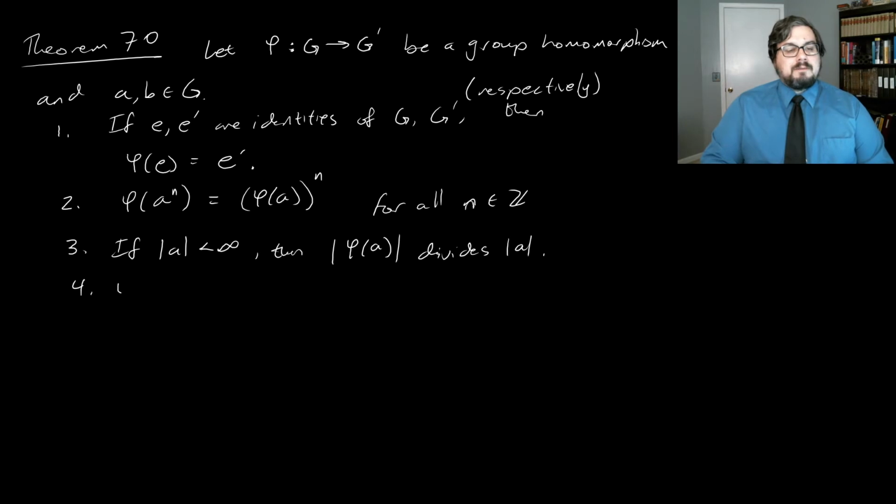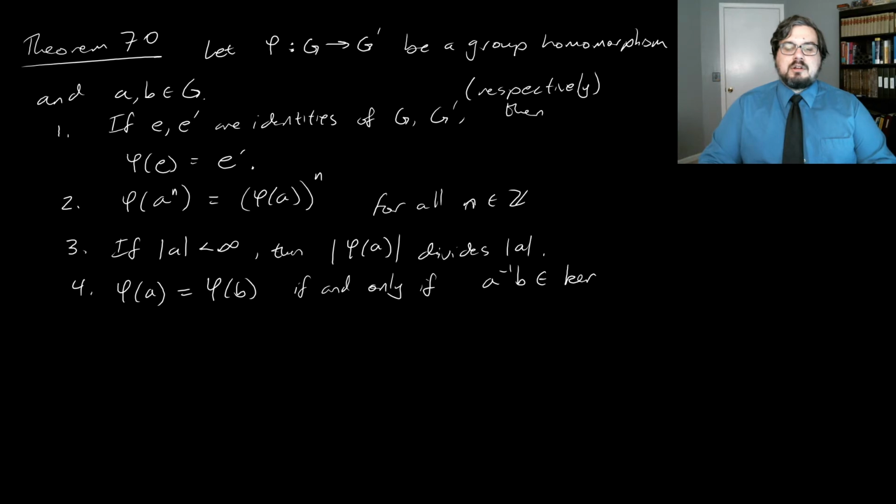And number four, and this is potentially the most important one that we've got in this whole theorem: phi of A equals phi of B if and only if A inverse B is in the kernel of phi.